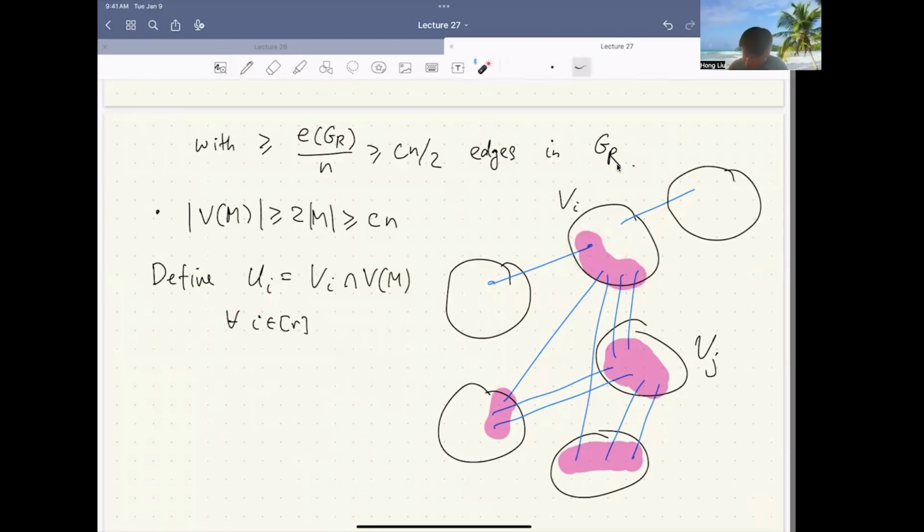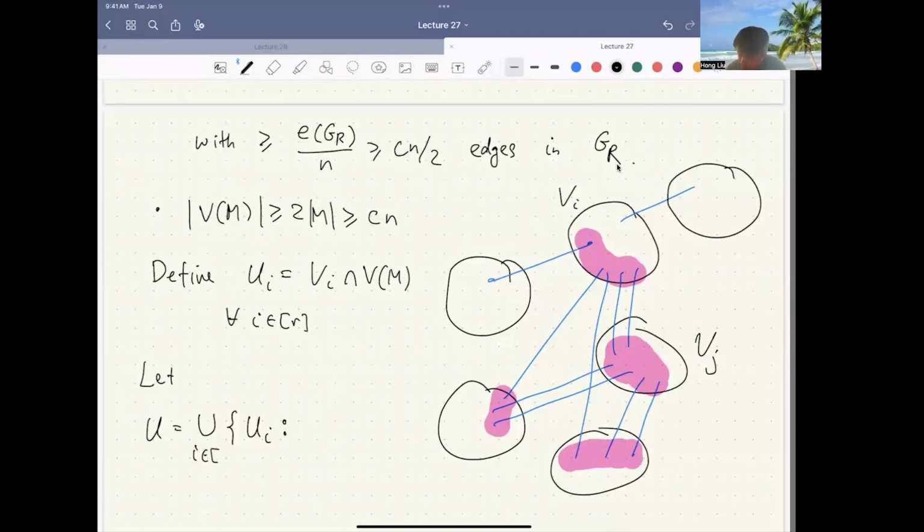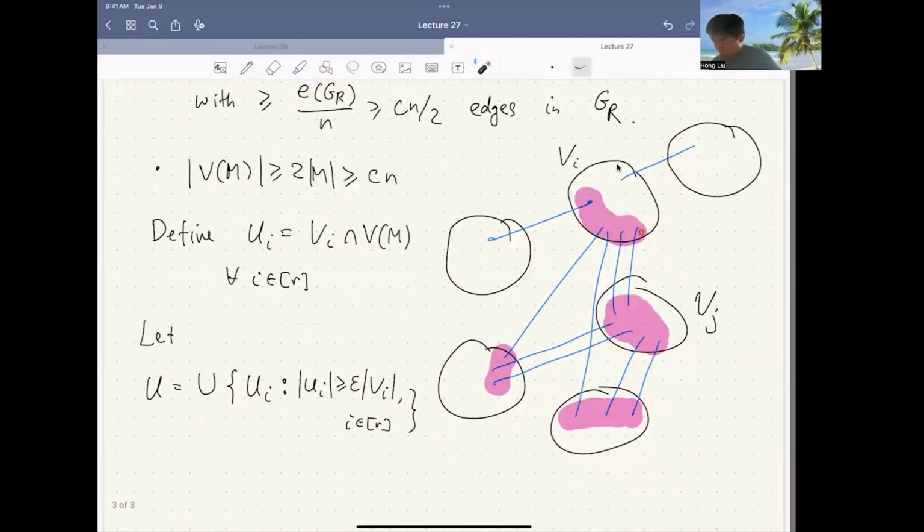Now you throw away the negligible part. What I mean is you only keep, let U be the union of U_i, where U_i is at least an epsilon fraction of V_i, for i in R, which is the pink part here.